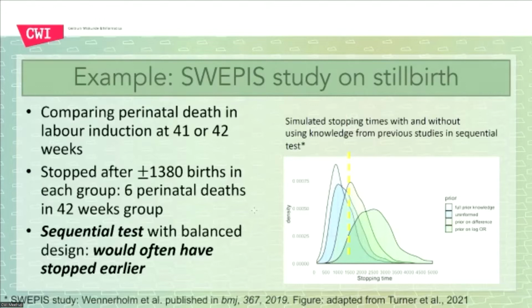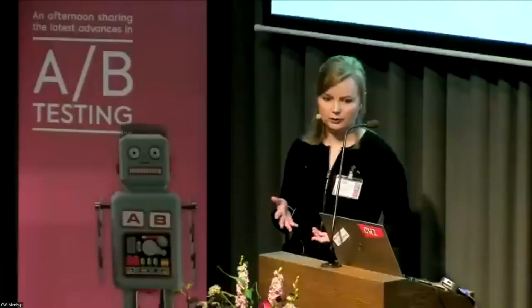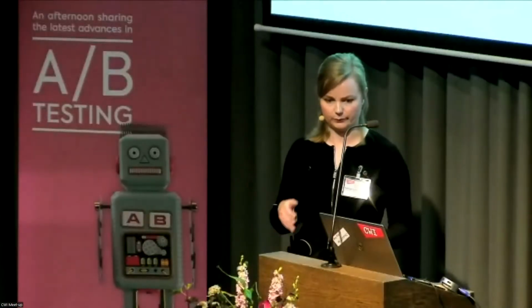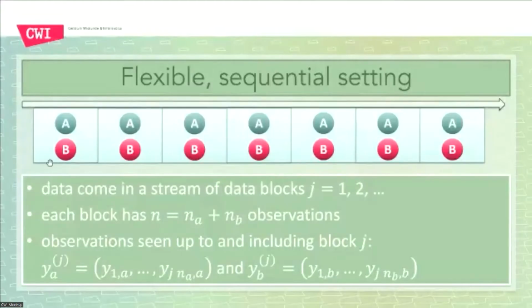Okay, so what is actually the setup that we're going to look at? We want to have a sequential setting where we can do optional stopping that is also flexible. For example, the data could come in a stream of balanced data blocks. In this scenario, the researcher would be allowed to calculate a test result after each block of paired data has come in.